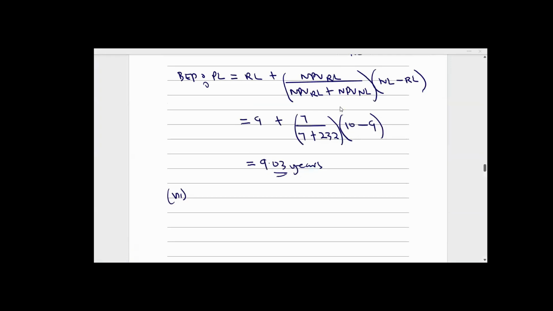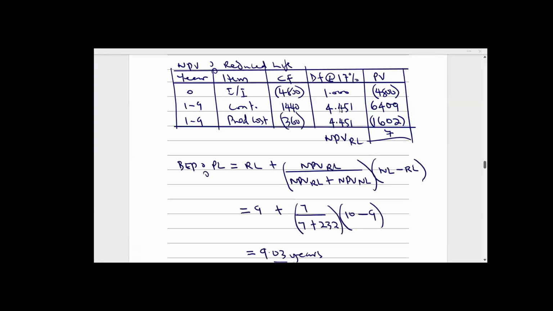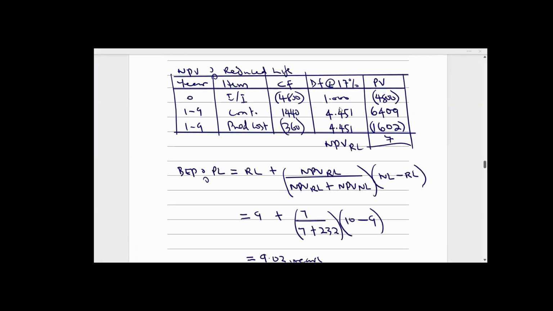Is the 7 the NPV now? The 7 is the NPV we computed, the NPV of that reduced life. It's okay. All right, sir.